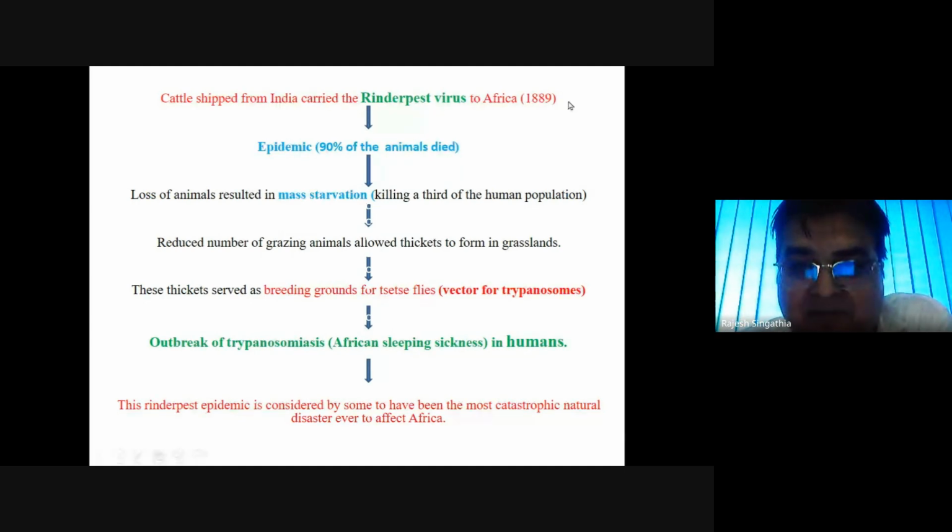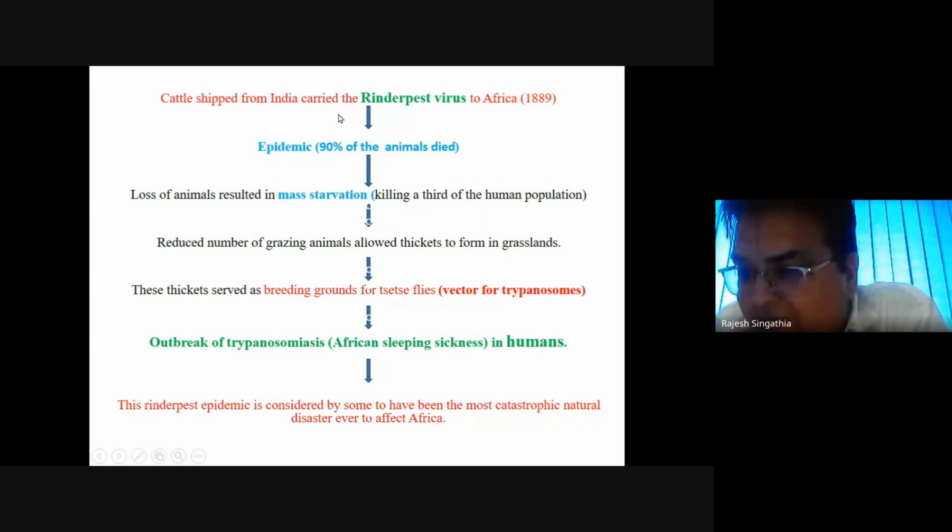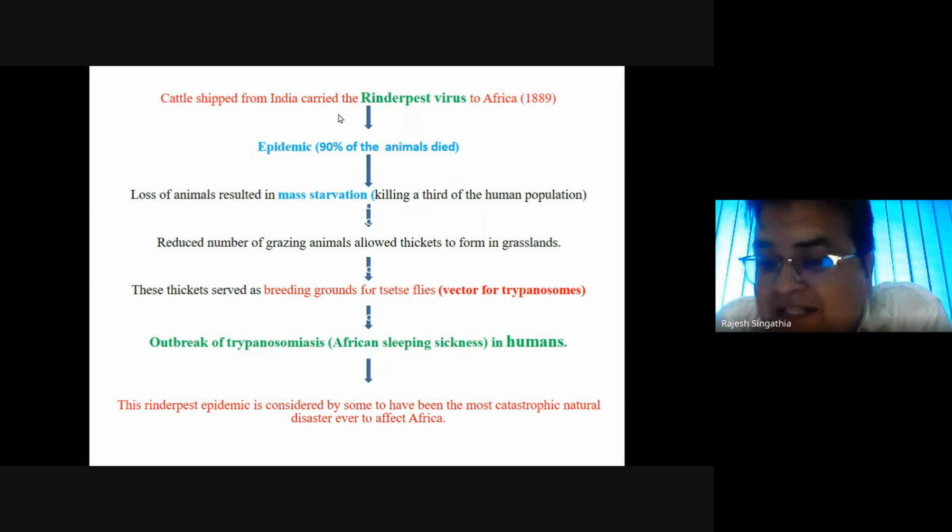How? In 1889, cattle shipped from India to Africa carried the rinderpest virus, causing an epidemic that established the virus on the African continent.